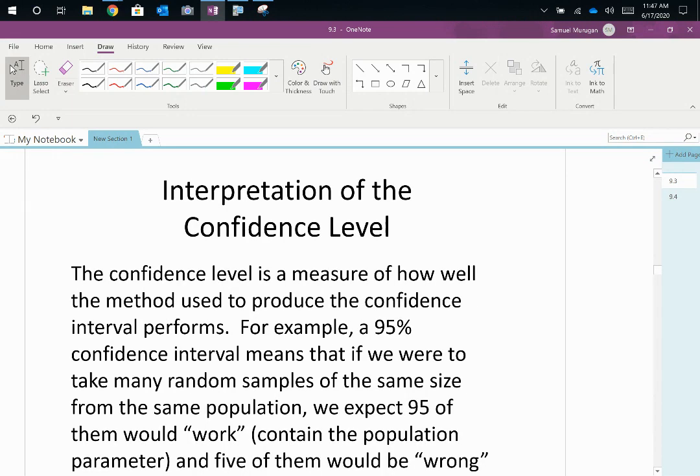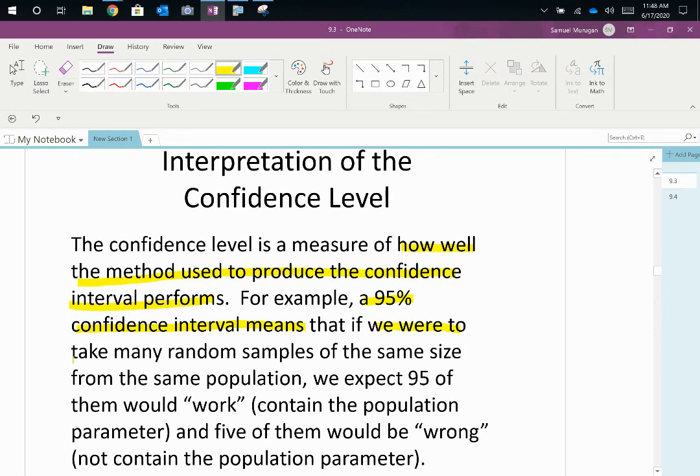Now, interpretation of the confidence interval. And pay attention to this. The confidence level is a measure of how well the method used to produce the confidence interval performs. For example, a 95% confidence interval means that if we were to take many random samples of the same size from the population, we expect 95% of them would work, containing the population parameter.